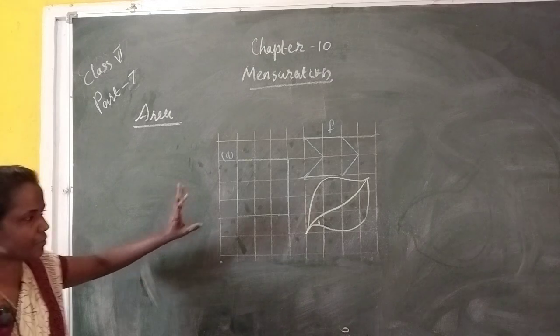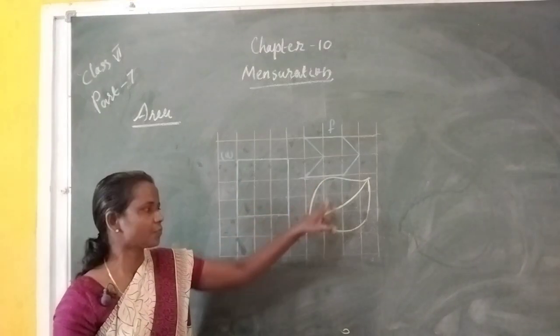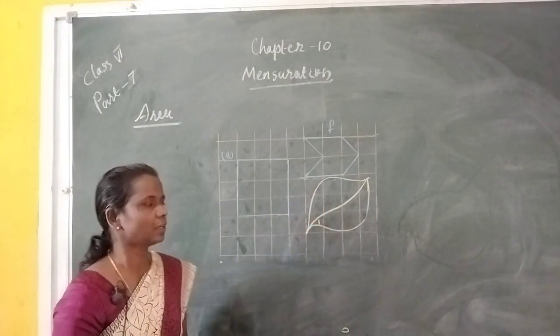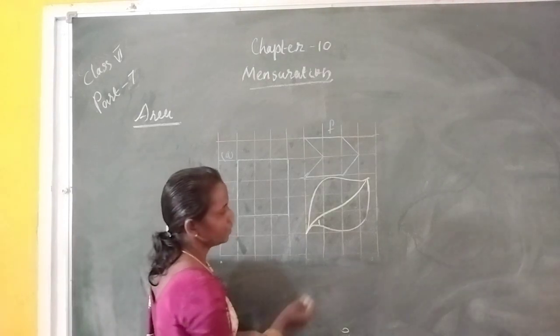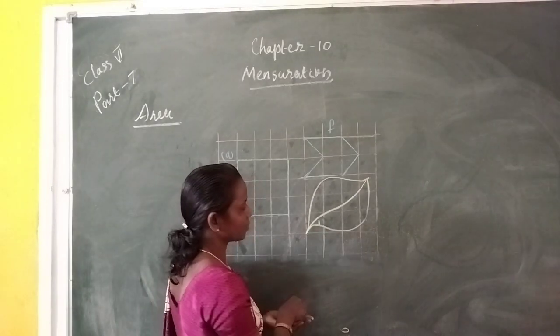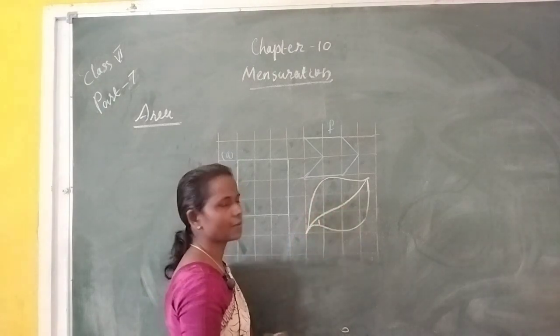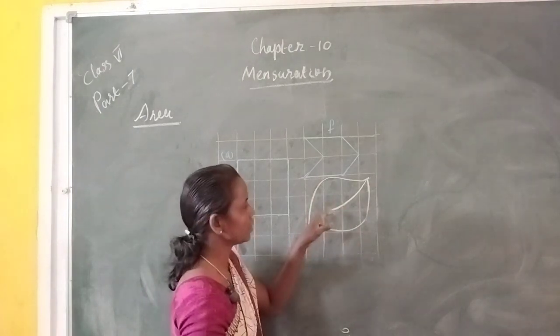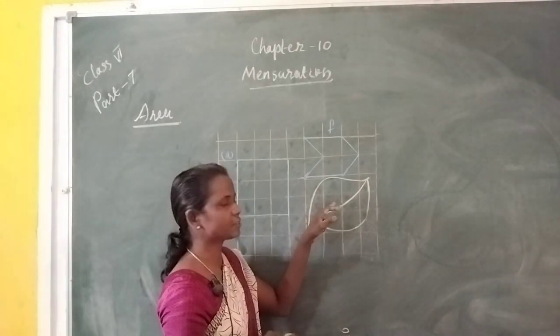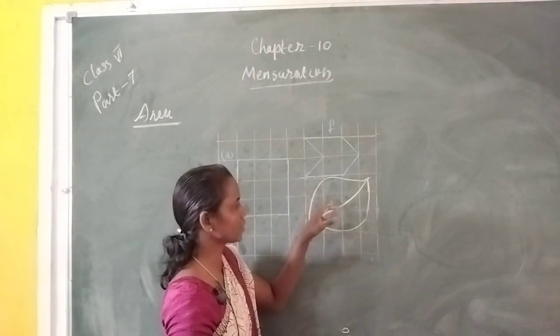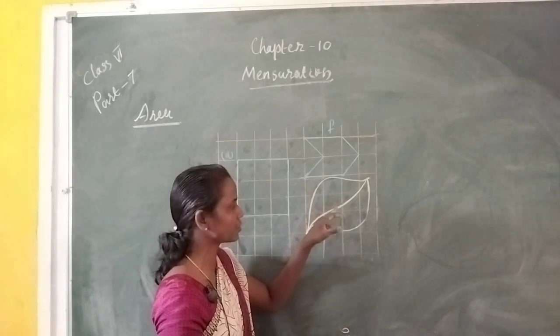Then how do we find the area of this figure? Look here, this figure is drawn on graph paper. First we look at how many full squares are enclosed, meaning how many full squares you can see here.